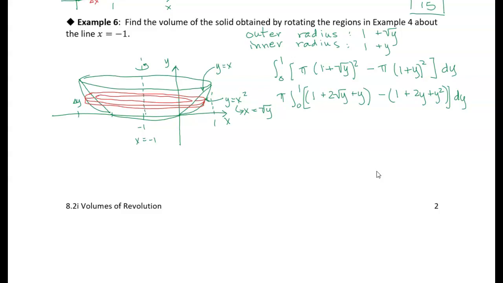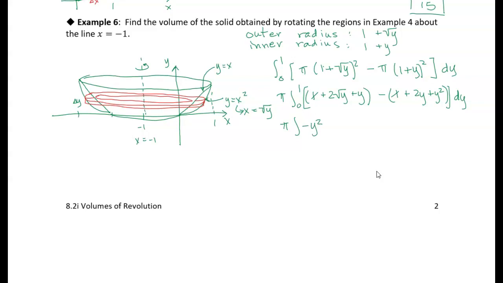All right, now let's clean this up a little bit. So we have pi times the integral. We have 1 here and a minus 1 here, so those are just going to cancel out. I usually like to write my polynomials in descending power order. There's only one y squared term, so we're going to get minus y squared.